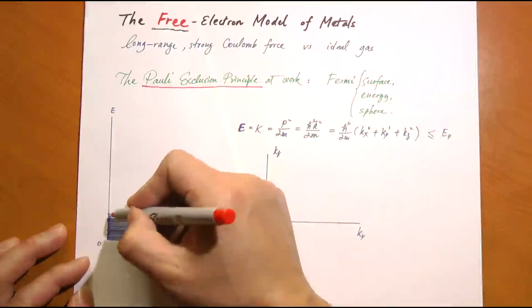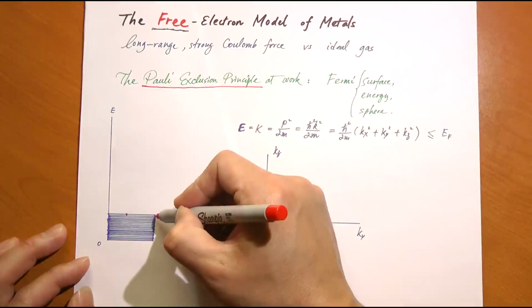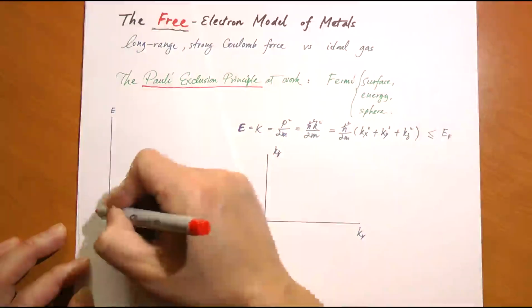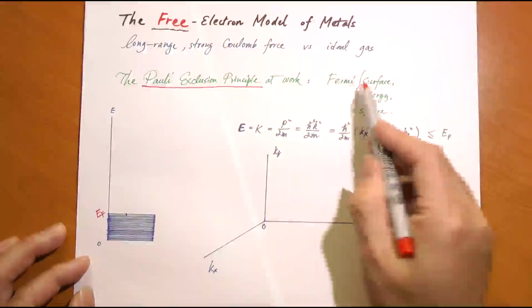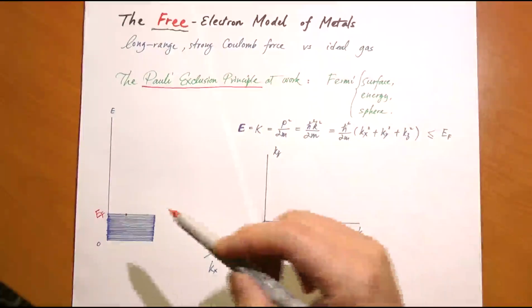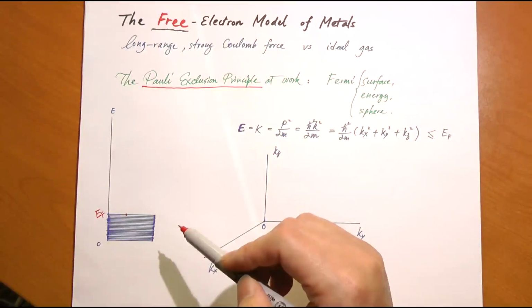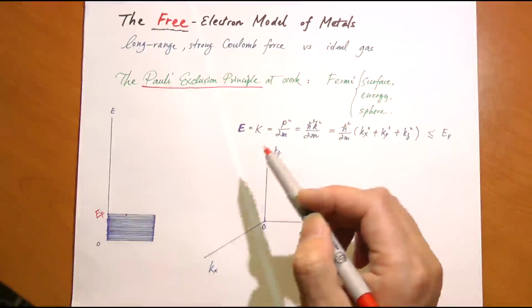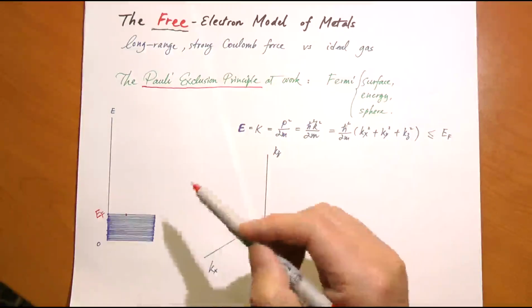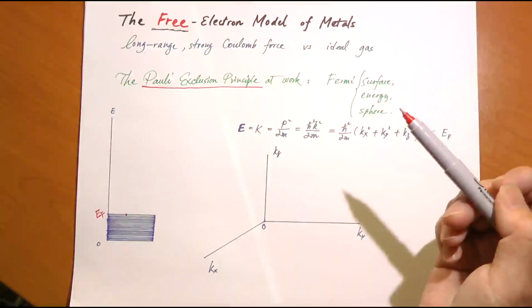This energy level corresponds to the highest occupied state. We call it the Fermi energy, EF. And when an electron has Fermi energy, what kind of momentum does it have? Well, you don't necessarily have to move in the x direction or y direction. You can move in all three possible directions.